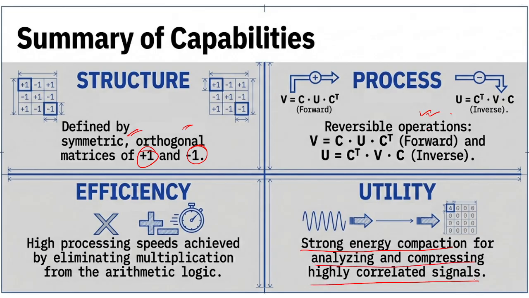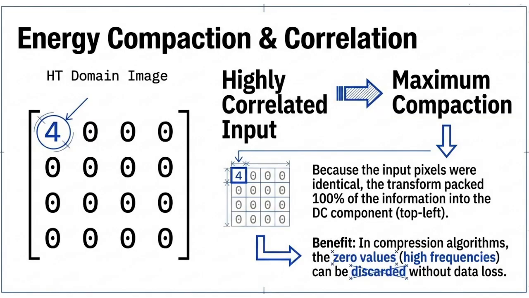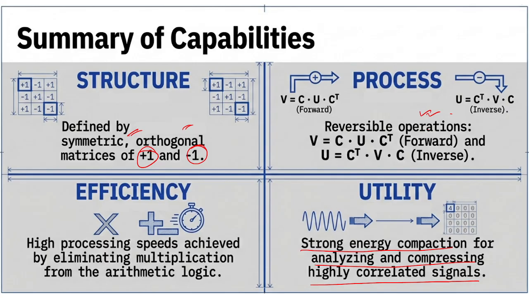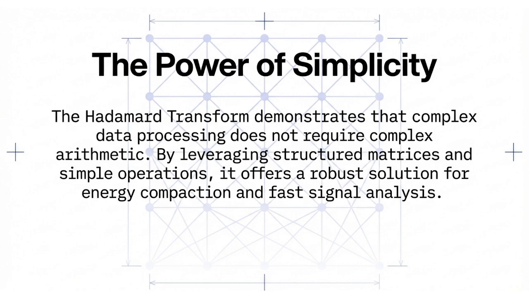So if you look over there in the example, over here also the value became 4, right? And the energy is concentrated in the first pixel, right? So power of simplicity, the Hadamard transform demonstrates that complex data processing does not require complex arithmetic.